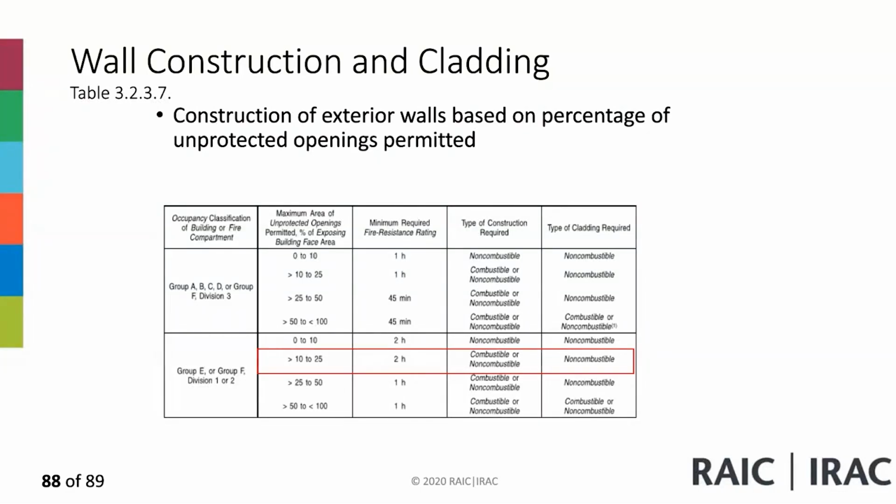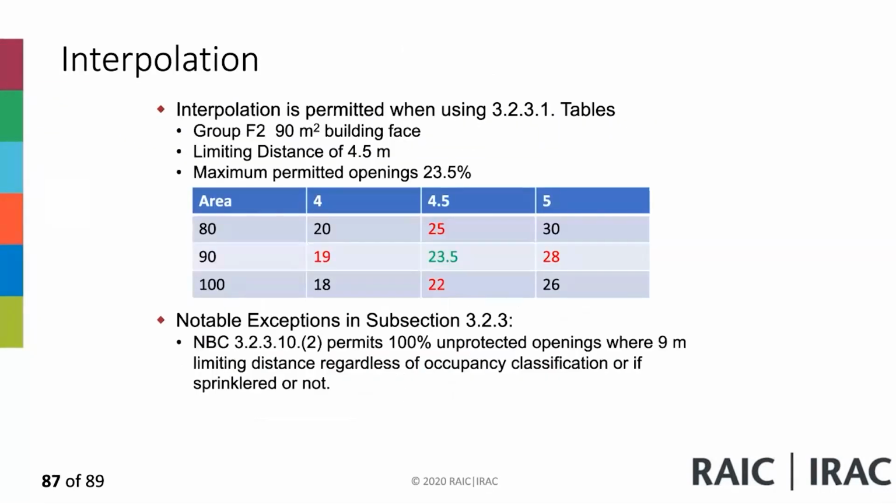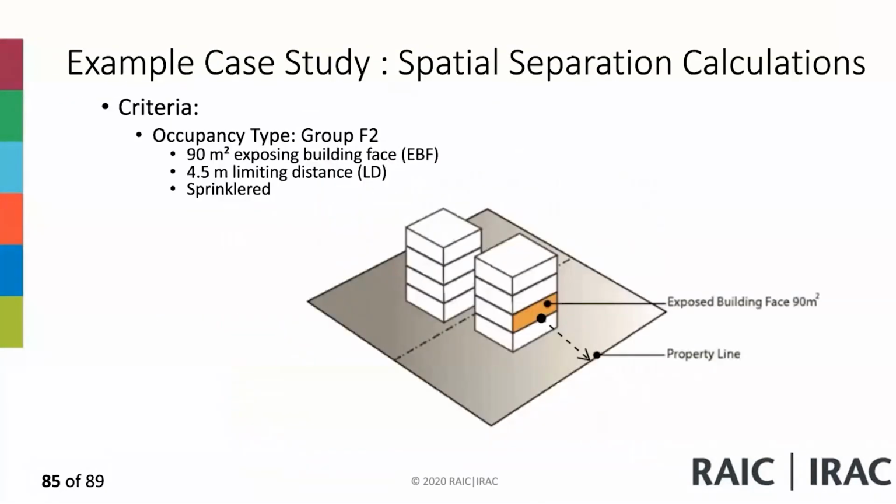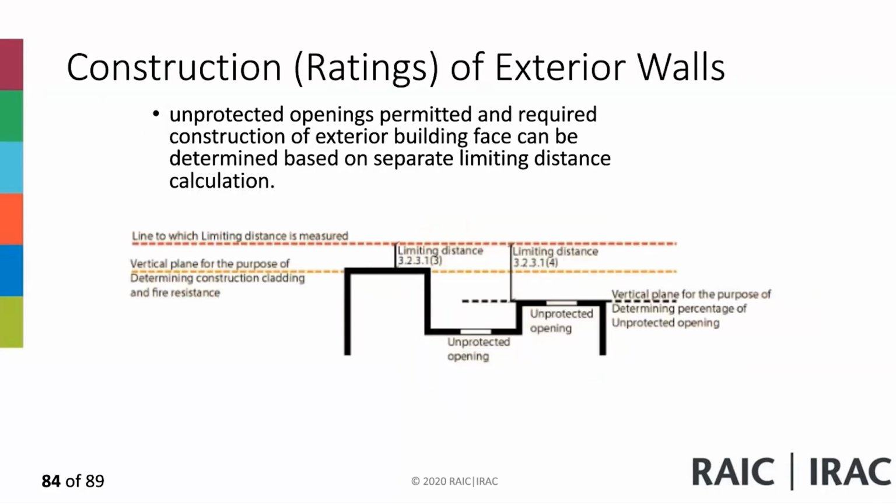So any questions? Actually, I have a question about exposed face. I'm just wondering, how do you really measure that if you have separate fire compartments within the building? Do you measure the wall thickness of that fire separation?